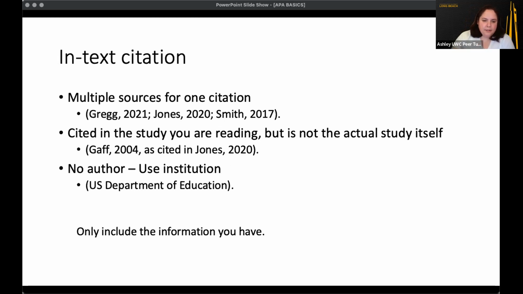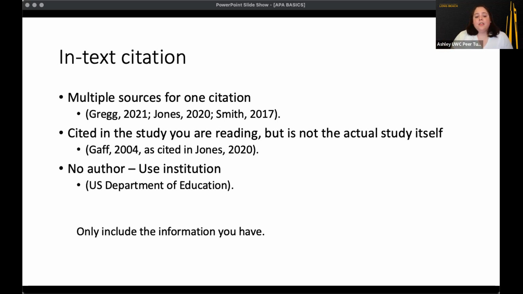No author, this goes to the question before. If there's no author, use the institution, because I know this is the healthcare administration department. So you're going to be using a lot of CDC studies, a lot of Department of Education studies, a lot of Department of Health studies.